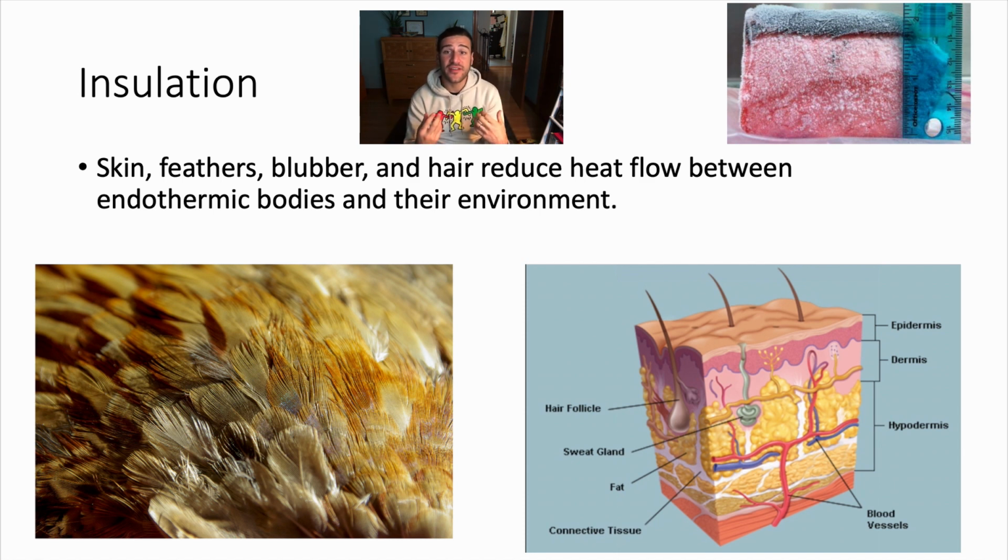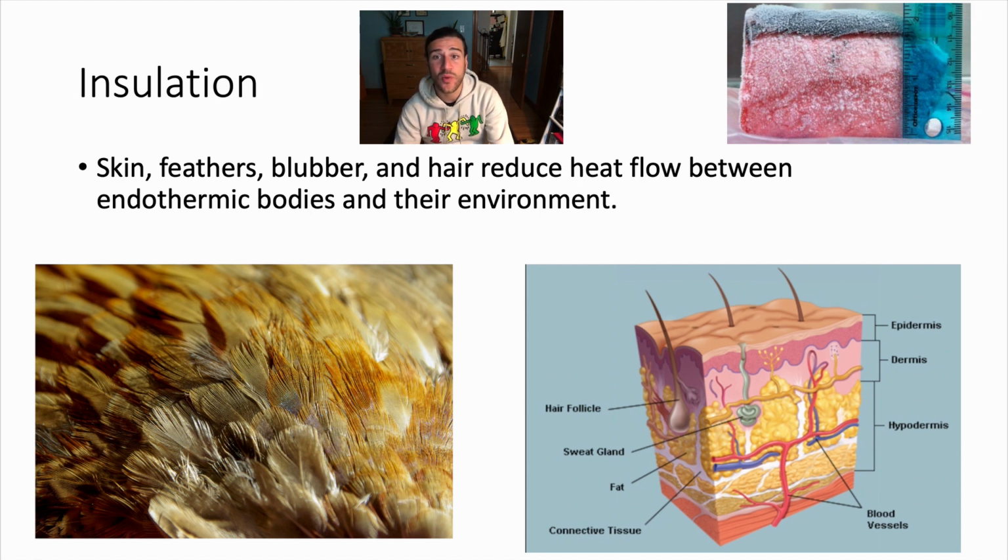The first feathers that come onto Earth's scene are actually not functional for flight at all. They solely kept heat in that animal, right? So skin, feathers, blubber, and hair reduce the heat flow between endothermic bodies and their environment.